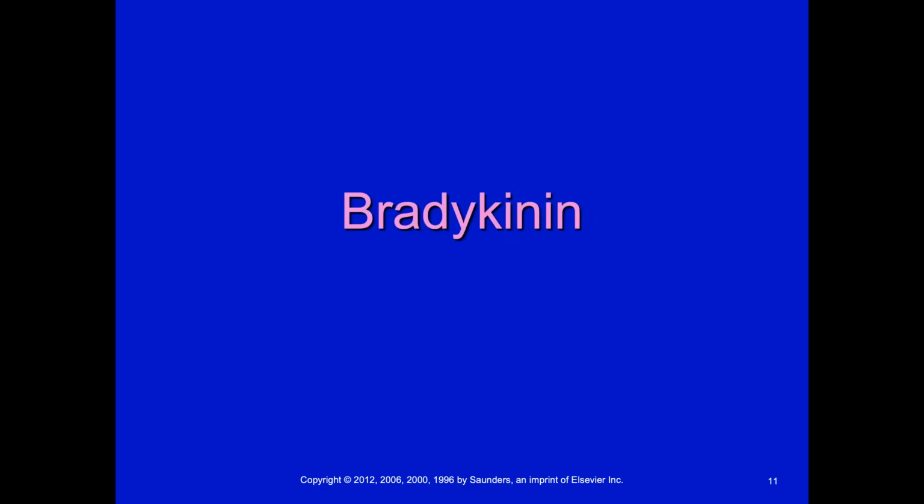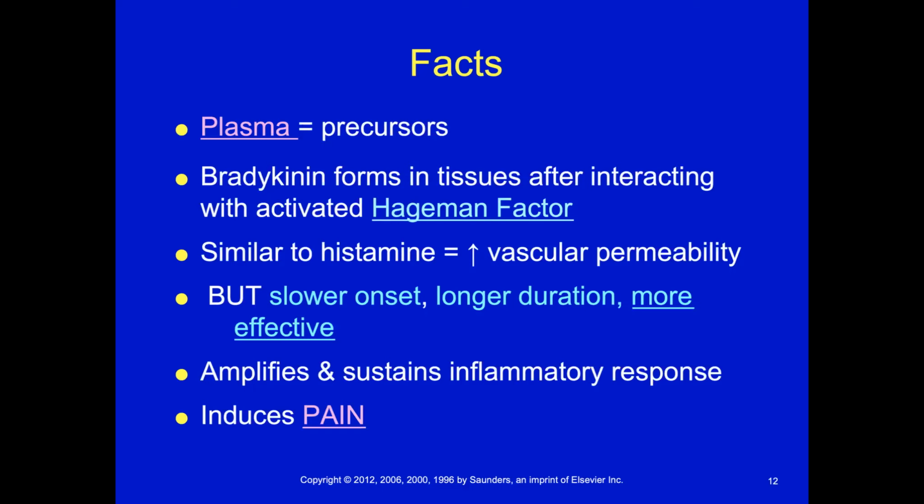Bradykinin. So bradykinin precursors are found in the plasma. It forms in the tissues after interacting with an activated Hageman factor, and the effects on inflammation are very similar to histamine. It's especially noted for the way it's able to increase vascular permeability.